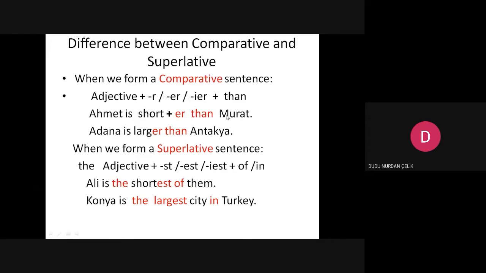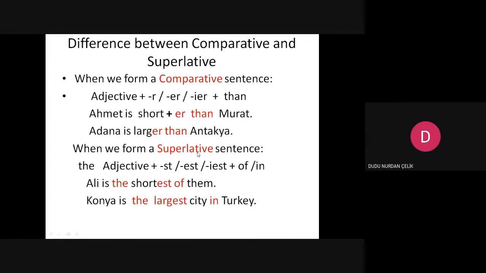And when we talk about Murat, we must say than. Ahmet is shorter than Murat. We already learned this. Another sentence in comparative form, Adana is larger than Antakya. We compare Adana and Antakya, 2 things, remember, comparative. And we say Adana is larger than Antakya.